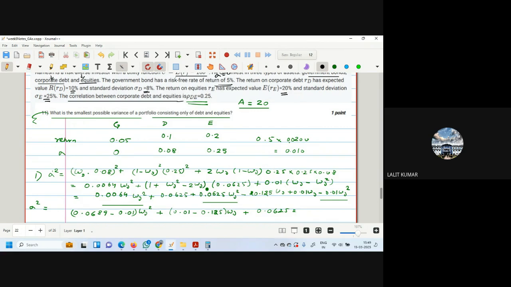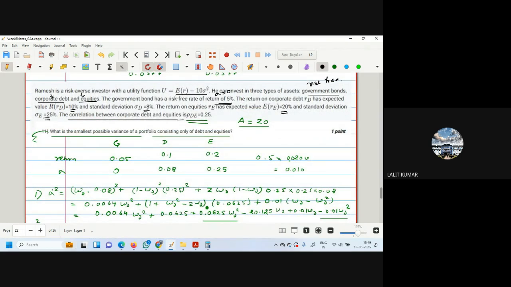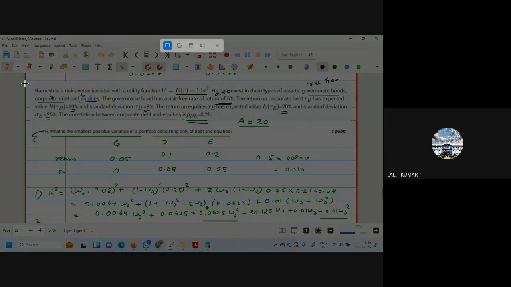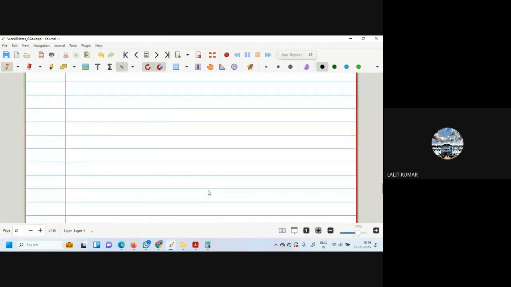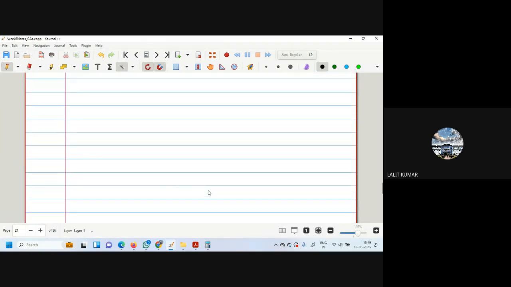Okay. So we have to follow the same principle as we did earlier. I'll just paste it here and explain this. So I will consider only the portfolio with debt and equity.